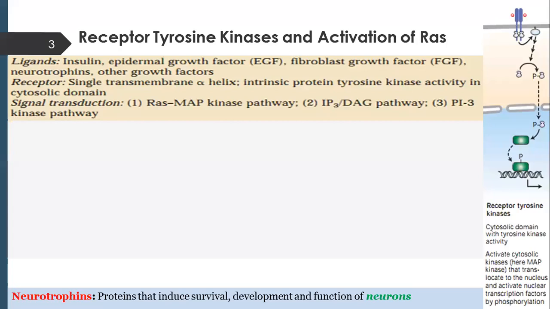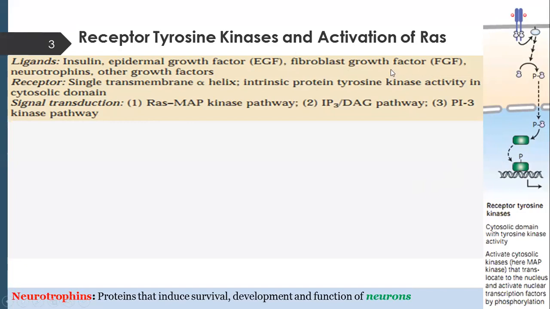This is the receptor tyrosine kinase and its activation of Ras protein. The pathway is shown on the right side of the slide. The ligands for these receptors are insulin, epidermal growth factor (EGF), and fibroblast growth factor (FGF).